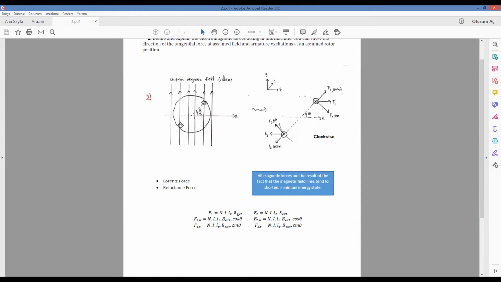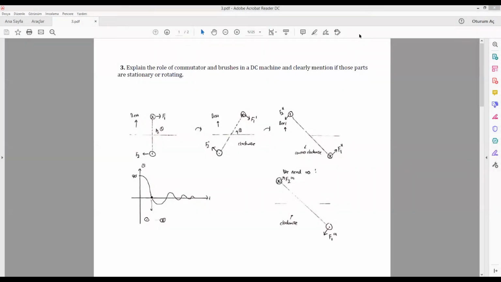We just need to know the number of turns, current, length of the conductor in the z direction, external magnetic field, and the relative position. By tangential forces on the current carrying conductor, this system has a rotation and also torque. The brushes and commutators are the main factors for the DC machines to be utilized effectively.